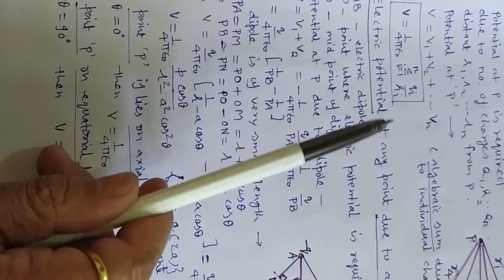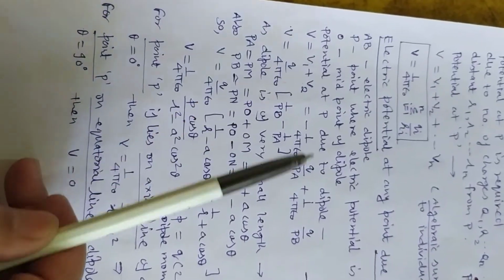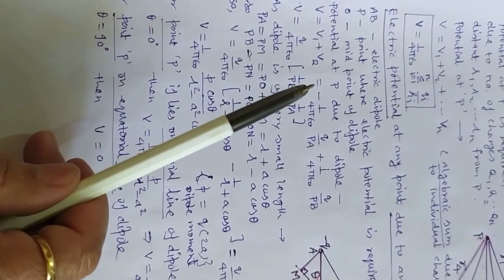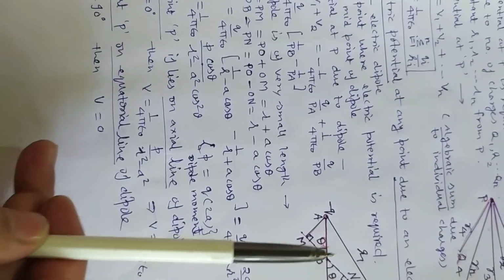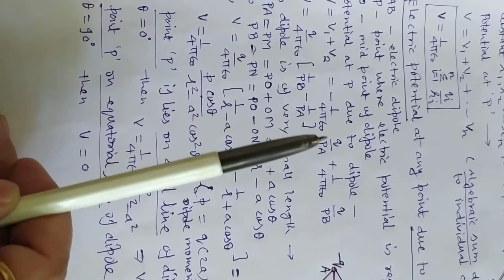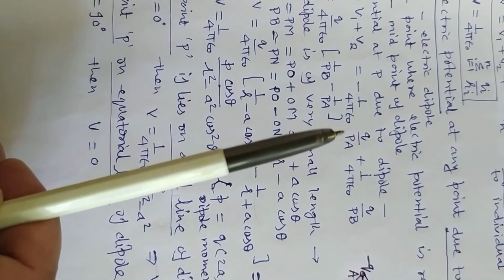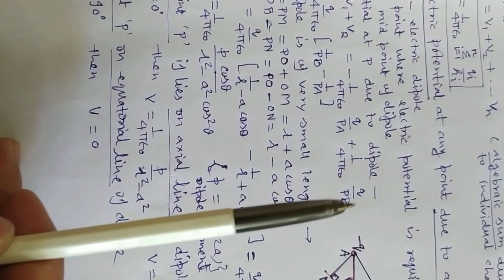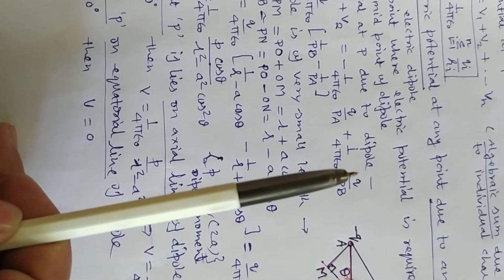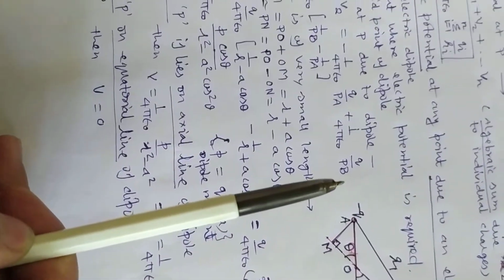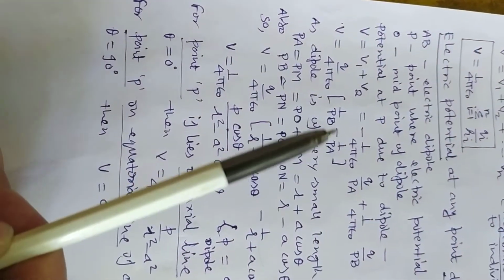So the same principle is to be used, that is, V is equal to V1 plus V2. V1 is the potential at P due to minus Q charge, so here it is. And then V2 is the potential at P due to plus Q charge. So plus Q, the distance of plus Q charge from P is PB. Let us sum it up.